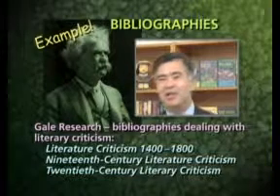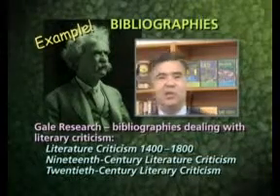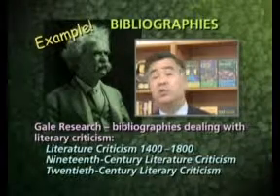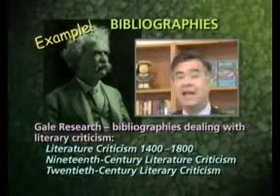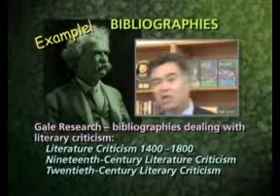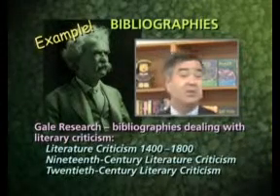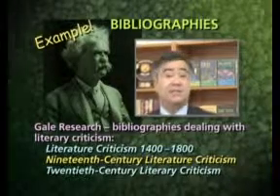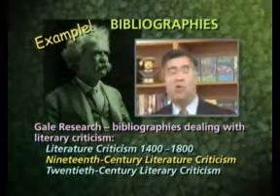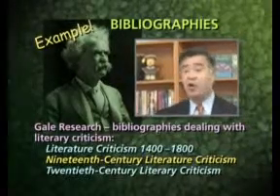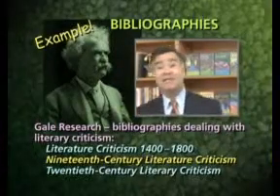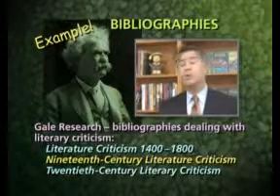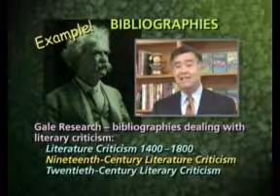Here's the important point. Suppose you were doing research into the literary works of the American novelist Samuel L. Clemens, who's usually known by his pen name, Mark Twain. In which set would you look? The obvious place to look is the second set, which deals with the 19th century, since the books that Twain is famous for, books like Tom Sawyer, Huckleberry Finn, Life on the Mississippi, A Connecticut Yankee in King Arthur's Court, all of these were published in the 1870s and 1880s.